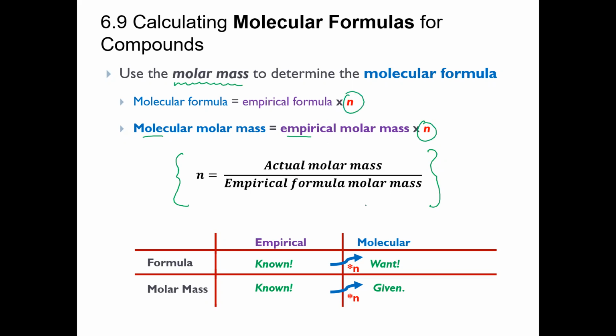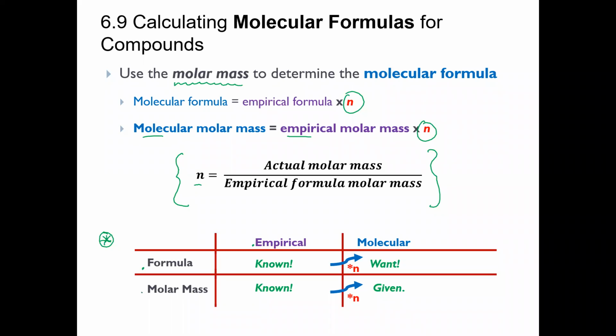The key here is that when we scale our formula down, we're going to scale the mass of that formula down as well. And so we can use this: n is equal to the actual molar mass compared to the empirical formula molar mass to figure out what we need to scale by. I like to represent this as a table to organize our thoughts effectively. If we're looking at our empirical formula, we can get this using the strategy on the previous slide.